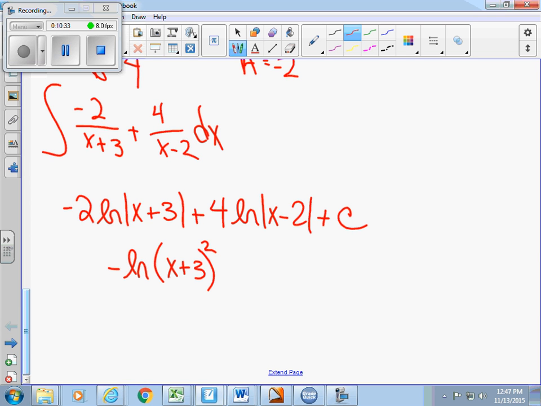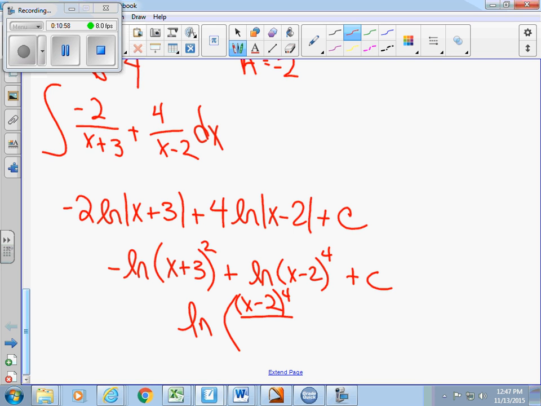Why could you get away with losing the absolute values? Because you're squaring it. So if you notice an absolute value missing, it's probably for a reason. And same thing on this, we could lose the absolute values because it's a fourth power. And then combining those, you could have made one of those a negative exponent, but I would guess a calculator answer would look like this.